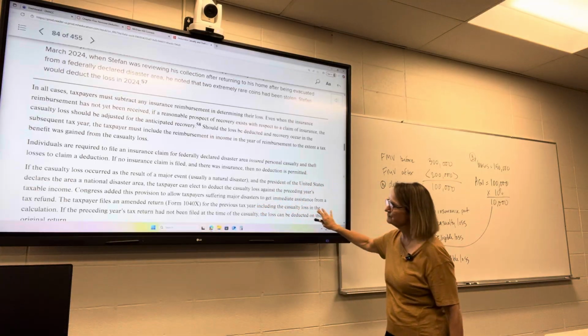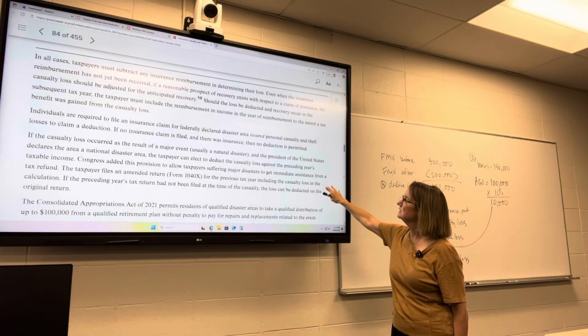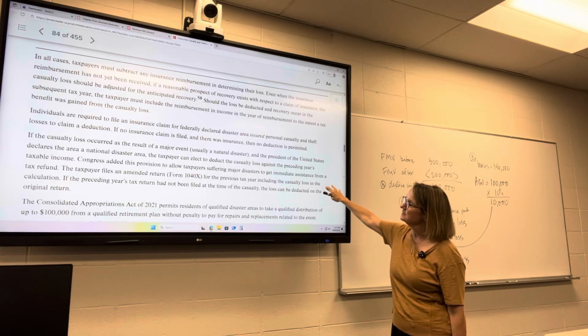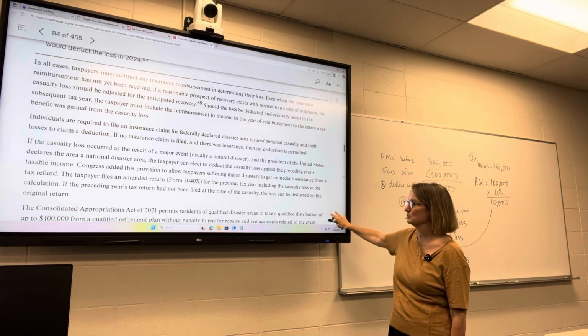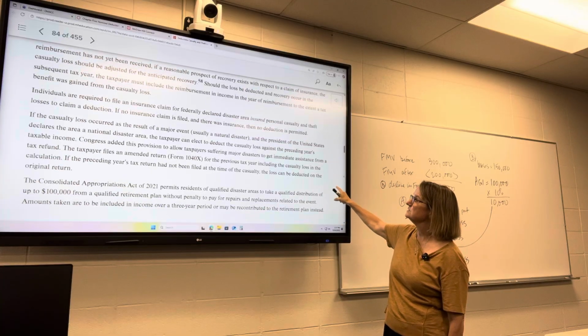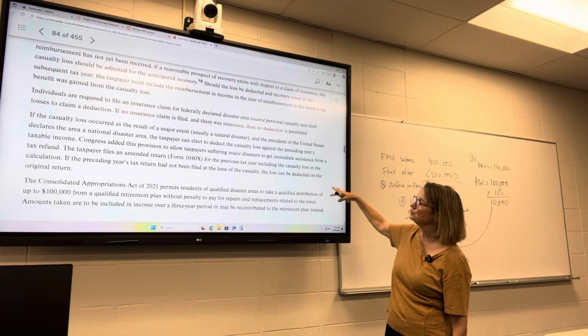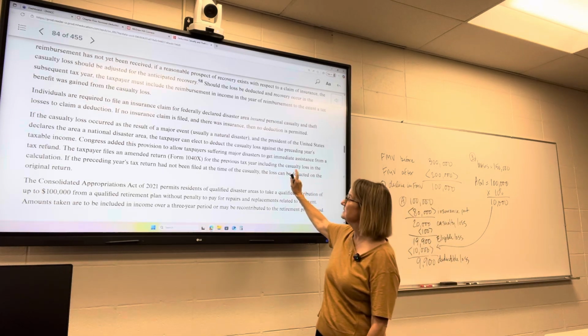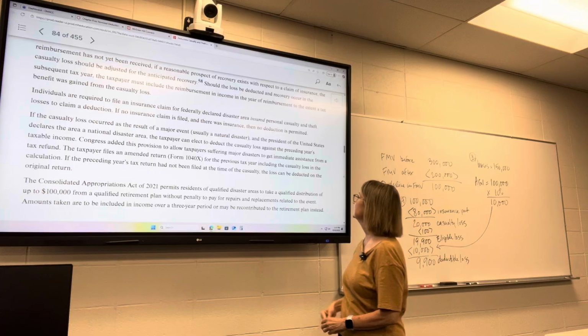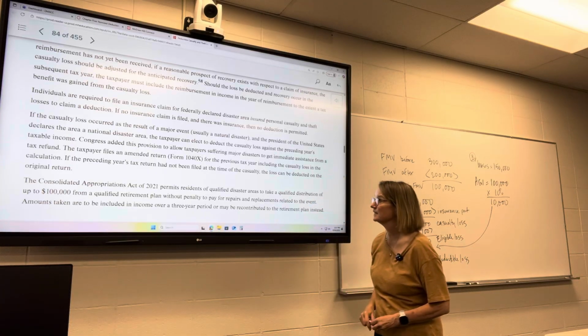It doesn't work like that. Let's see. When the President of the United States declares a national disaster area, the taxpayer can elect to deduct the casualty loss against the preceding year's taxable income.